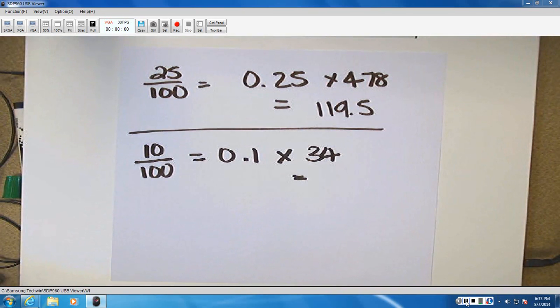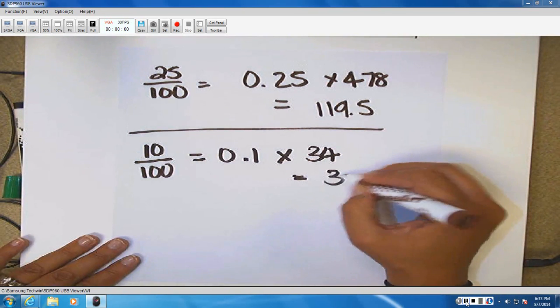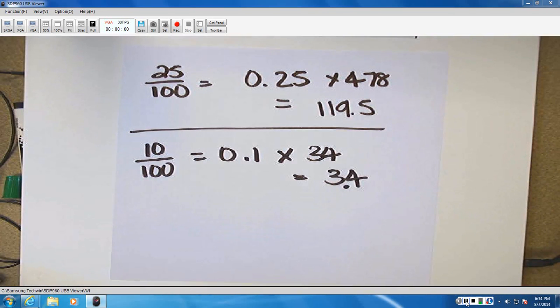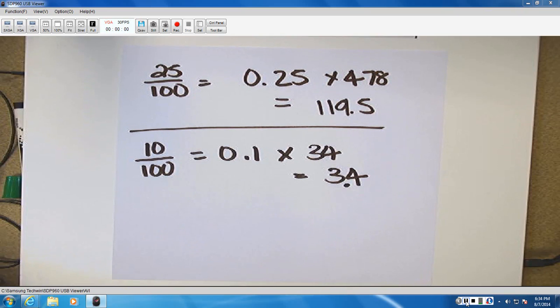And that gives me 3.4. So to answer my question, 3.4 is 10% of 34, which you probably could kind of come up with just by common sense, but that's how we work the math, so you know how to do the more difficult ones.